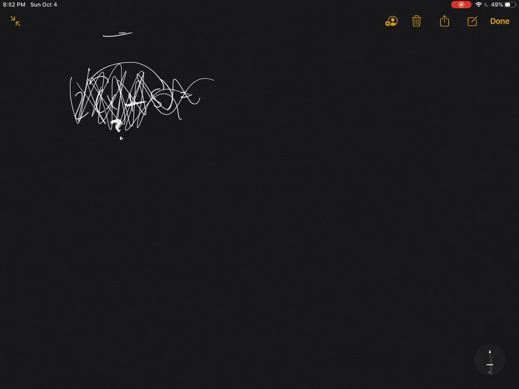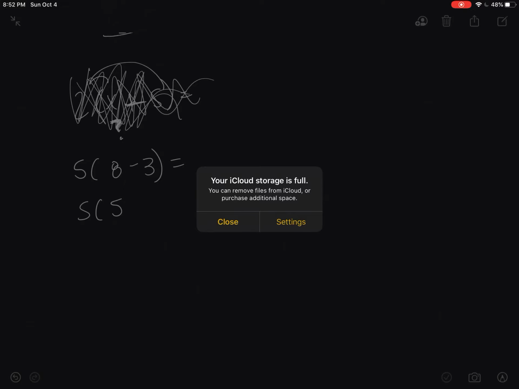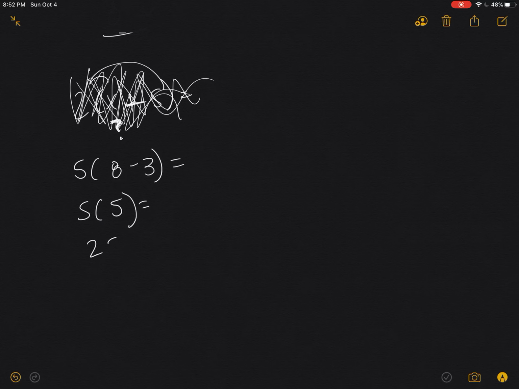And same thing if you have subtraction. If we do it the PEMDAS way, we get 5 times 8 minus 3, which is 5 times 5, which is 25. If we do it the distribution way, we get 5 times 8, and I'm going to carry down my sign. This time my sign is subtraction, so make sure you pay attention to that.